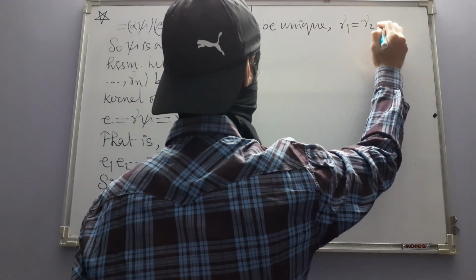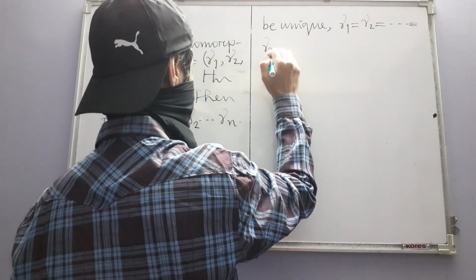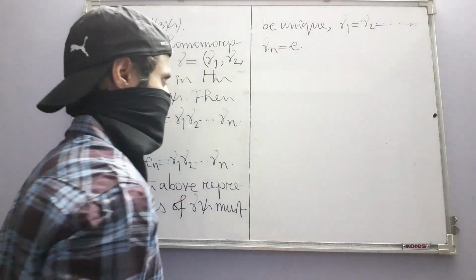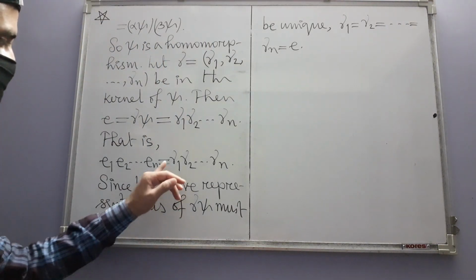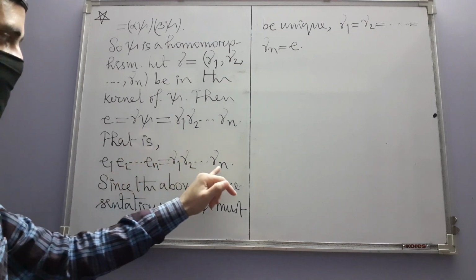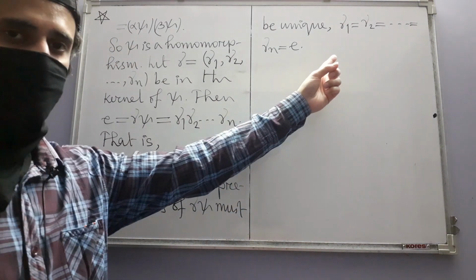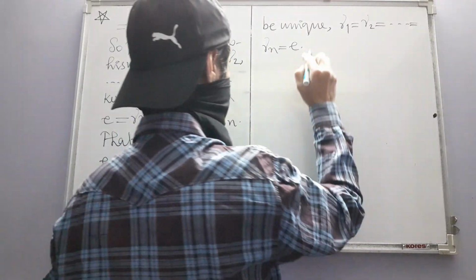So all these must actually be equal to E. Well, you can write like this also. Gamma 1 needs to be equal to E1, gamma 2 equal to E2, and so on, and finally gamma n equal to En. But that ultimately means this.